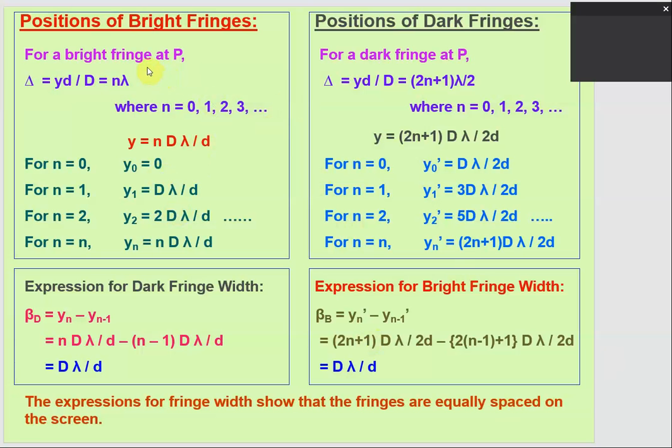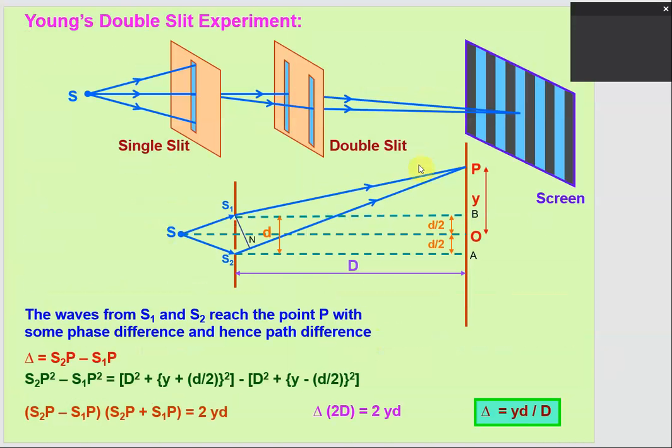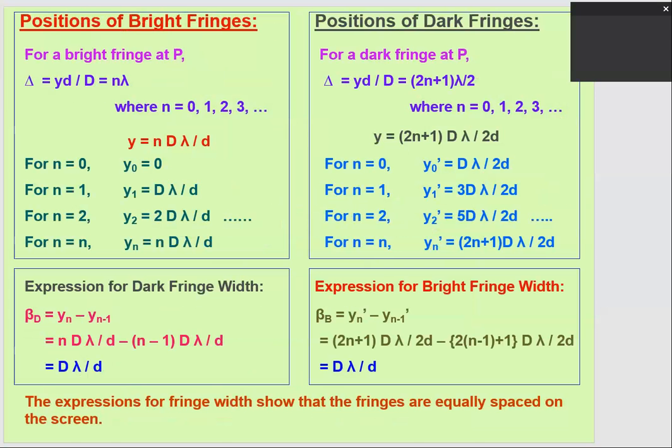That means if point P here in this diagram is the position of the bright fringe, then what is the condition for the path difference, which we have already discussed in our previous class? The path difference should be equal to n times lambda, where n is nothing but 0, 1, 2, 3 and so on. This is an integer number.